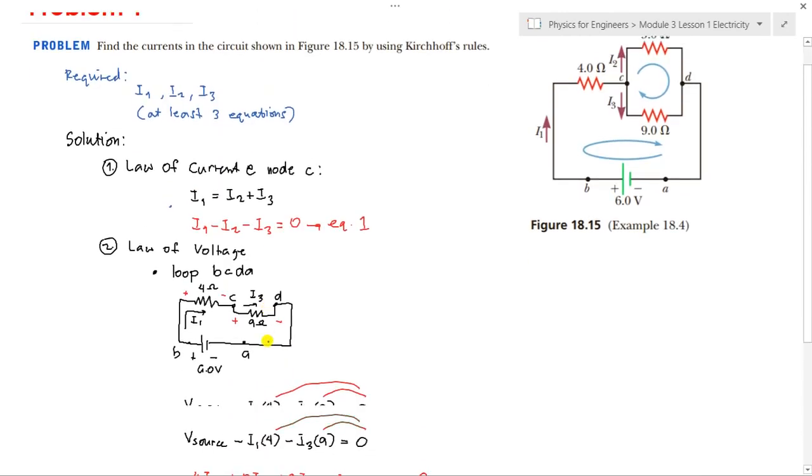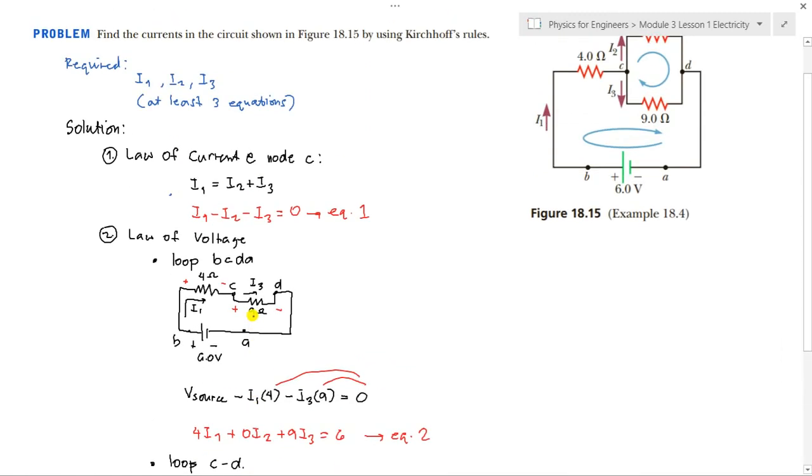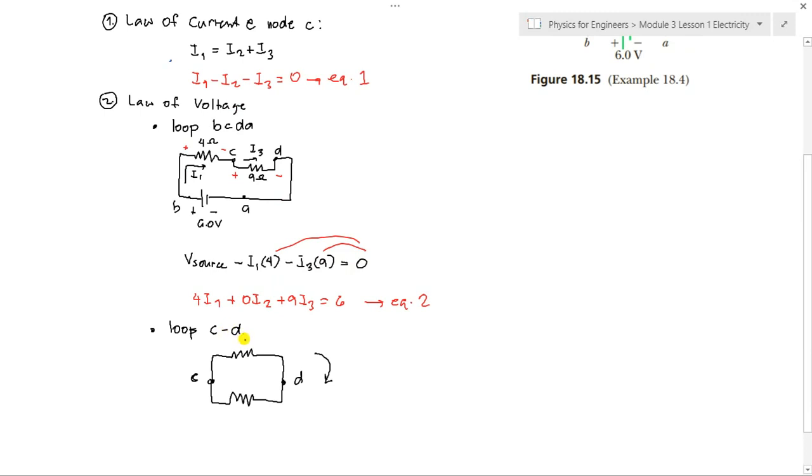So here, assuming the flow of our current is positive, or clockwise in reading. Here the resistance above is 5 ohms, below is 9 ohms.